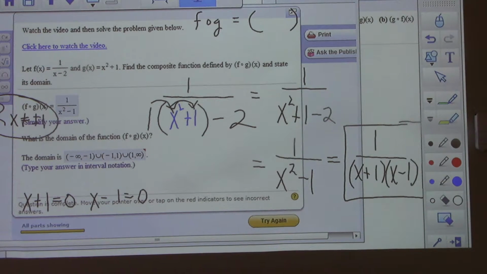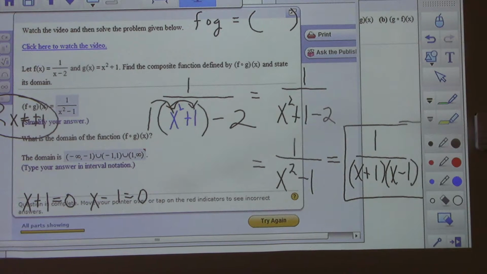I'll take that answer. I'll take all reals, which is a big R with two fronts on it, except x cannot equal positive or negative 1. I'll take this, if you want to write it like that. If you want to write it negative infinity to negative 1, and then negative 1 to positive infinity, I'll take that.